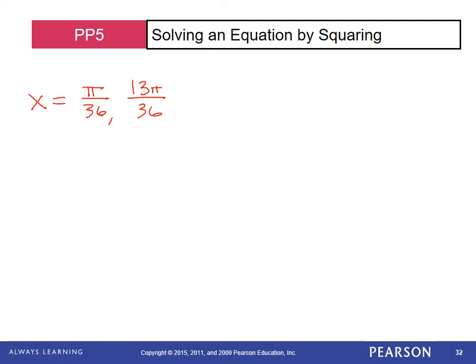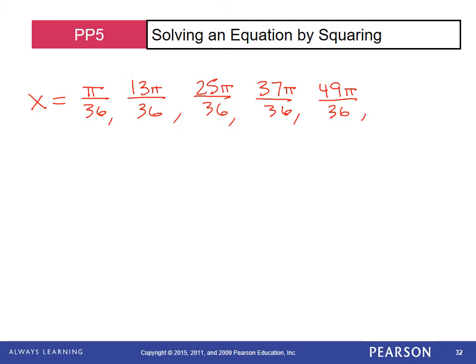Add another 12 pi over 36: 25 pi over 36. Perfect. Then add another 12 pi over 36: 37 pi over 36. Add another 12 pi over 36 makes 49 pi over 36.